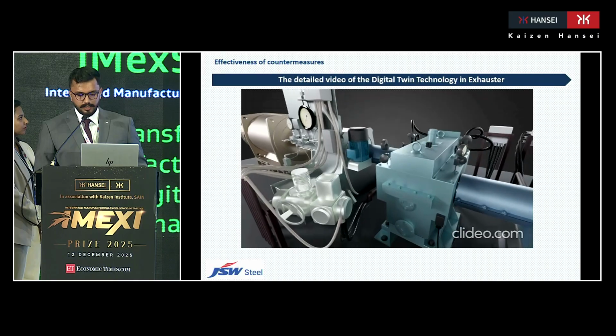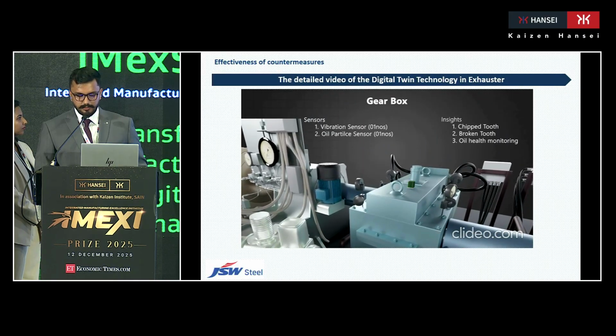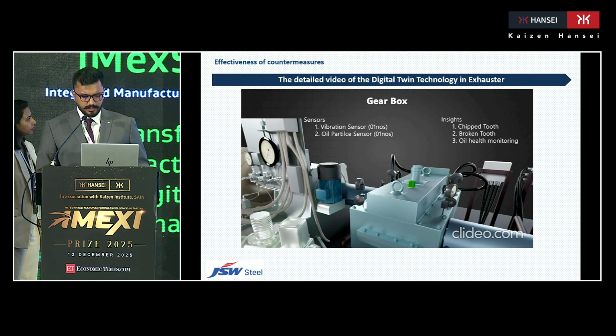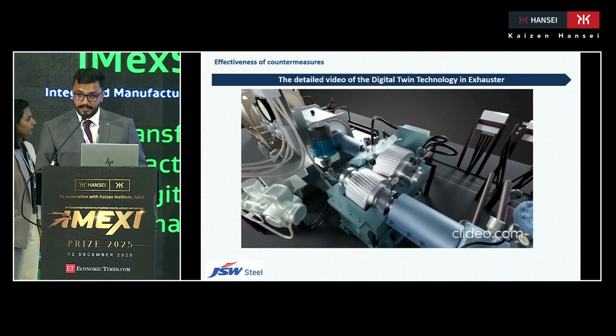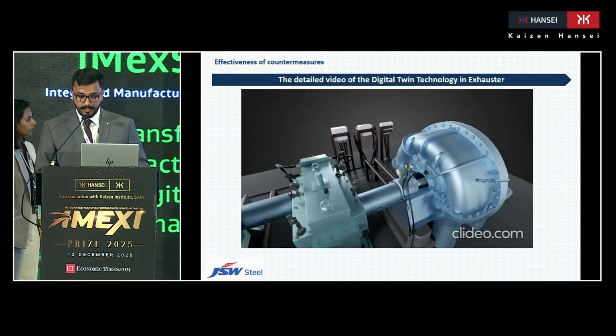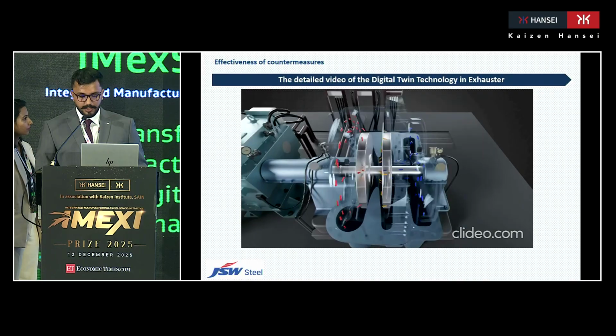So the oil is continuously circulated through a filtration system, and we are also monitoring the oil contamination. And now moving forward to the gearbox, here we have installed a vibration sensor and again an oil particle sensor, which is giving us insights on broken tooth and chipped tooth and the oil health. And connected to this is the induced draft fan, which is responsible for fetching the volatile gases from our coke oven battery units.